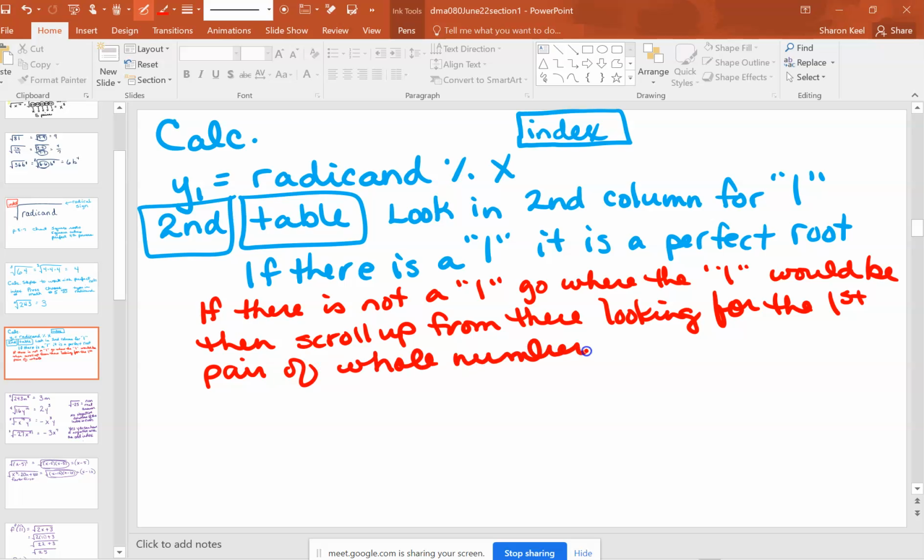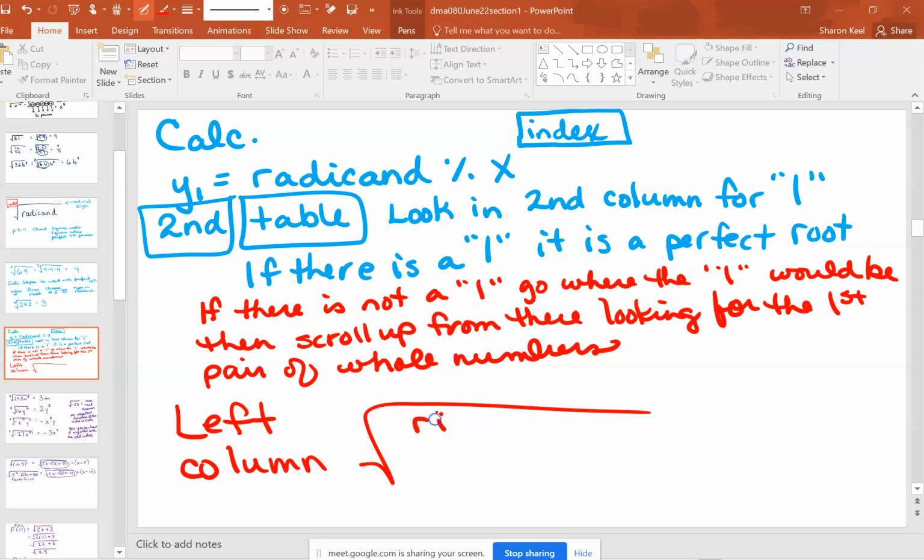Once you find that first pair of whole numbers, the left column is going to be the number that comes out in front of the radical. What's in the right column is going to be the value that goes up under the radical. That'll make sense in just a minute.